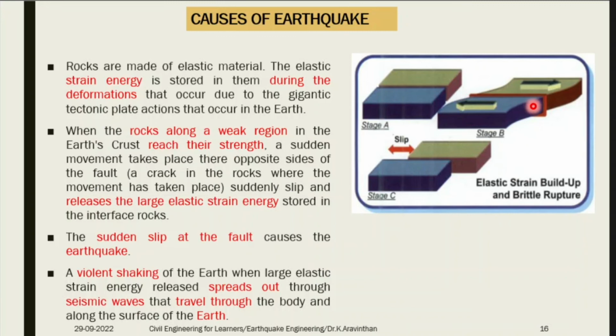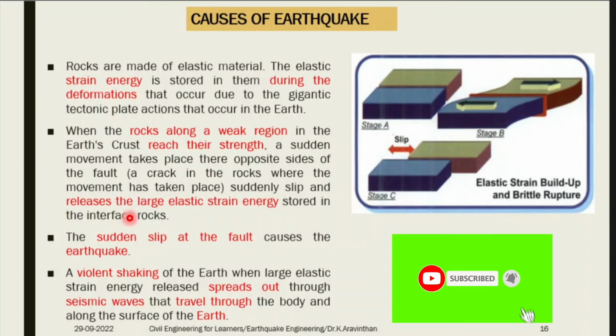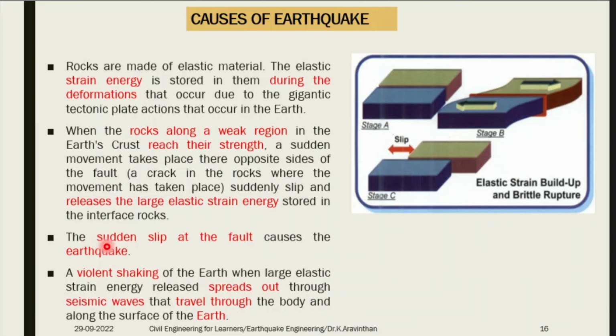At this point, it is going to get sheared, and sudden movement takes place on the opposite side. Now the energy is released, which is the elastic strain energy stored at the interface of the rock. The sudden slip at the fault causes the earthquake. So this is the cause of earthquake.